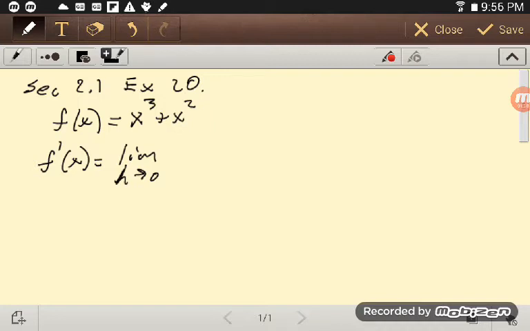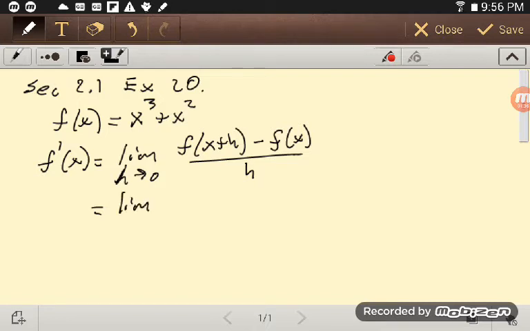Now, I have my f of, well, I'm going to go ahead and write it, f of x plus h minus f of x over h. Now, again, you have to be very careful about substituting your x plus h in. So this is the limit as h goes to 0.